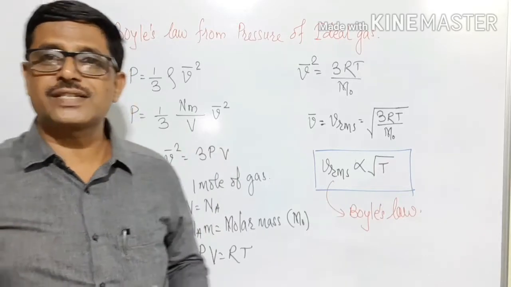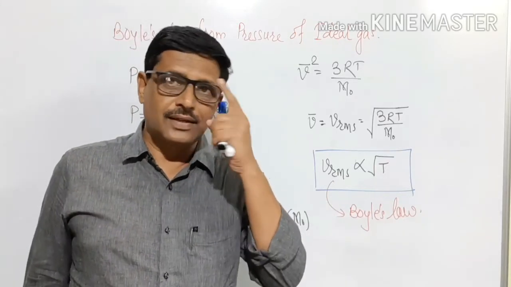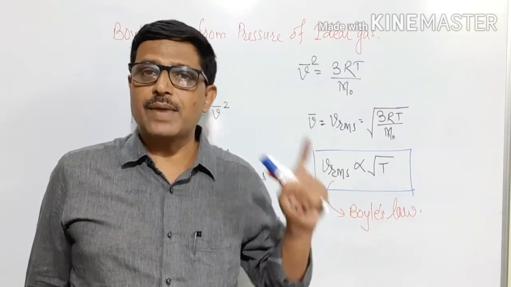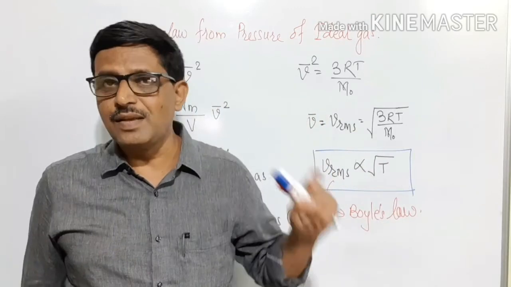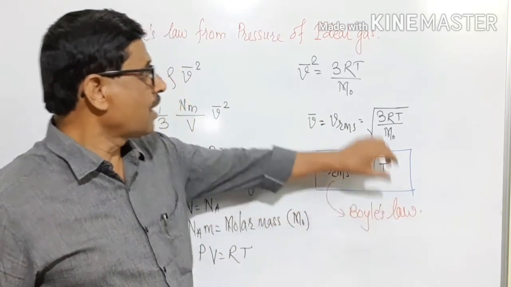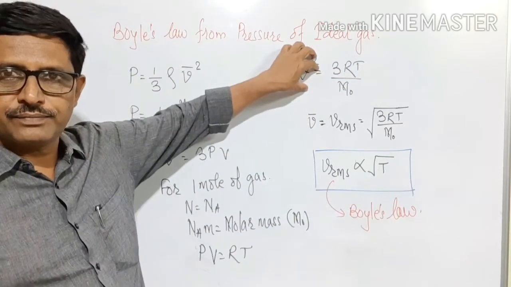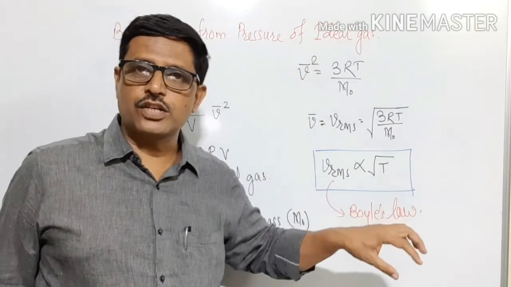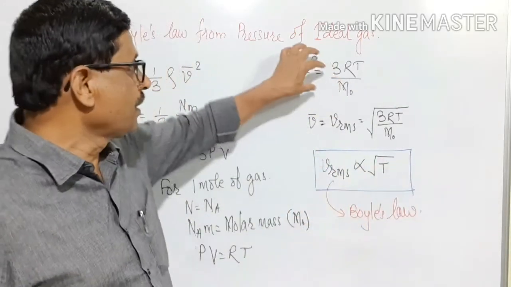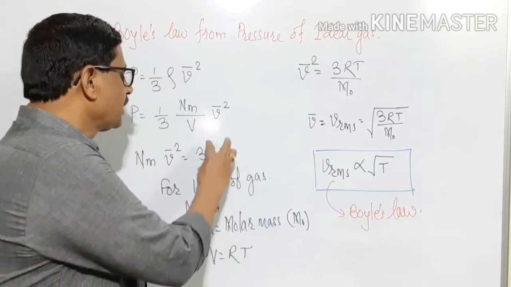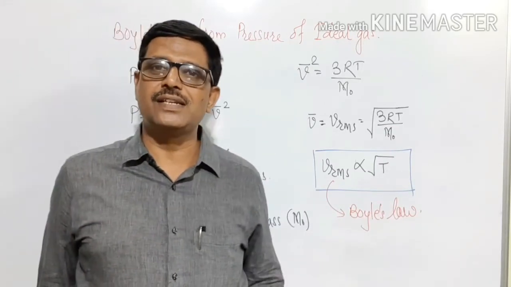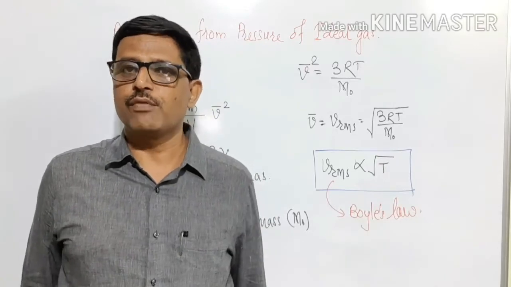Boyle's law states that as long as the temperature remains constant, the pressure exerted by a given mass of a gas is inversely proportional to volume. Therefore, for constant temperature, the mean square velocity is constant. It means that P into V is constant, which means that P is inversely proportional to the volume.